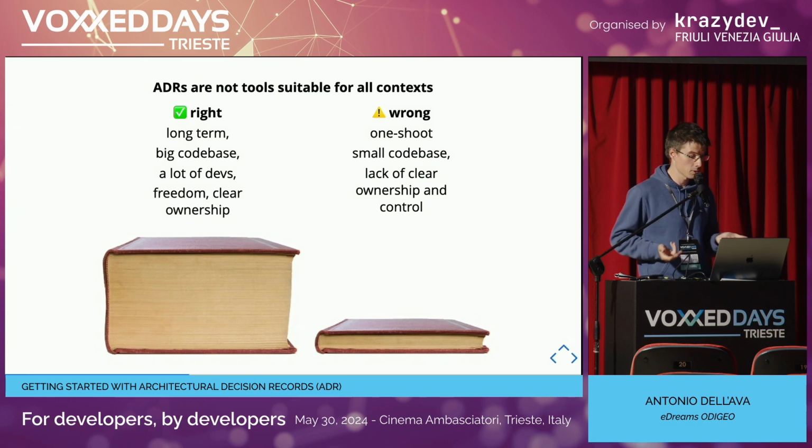The good contexts to use the architectural decision record are the ones where you have ownership of the code base and there is a complex scenario. As I said before, I'm part of a big company. We are almost 2,000, and obviously, as you can get, things get complicated in this kind of company. And here, I think it's a good example of a proper context, okay?